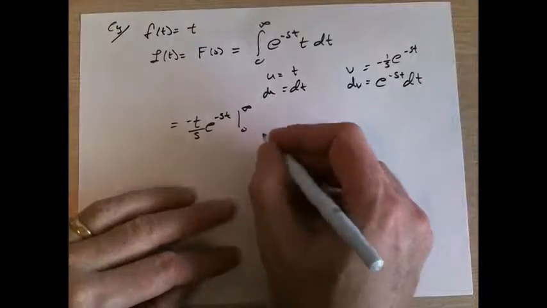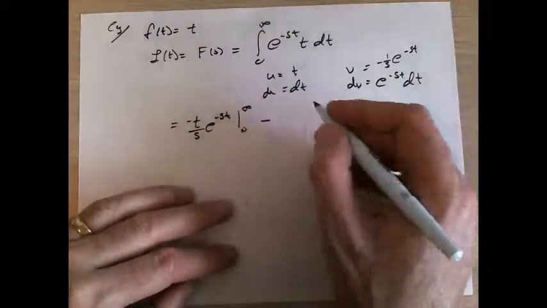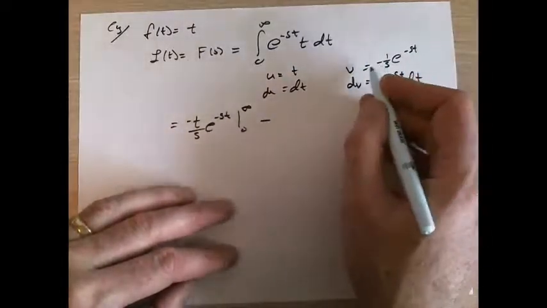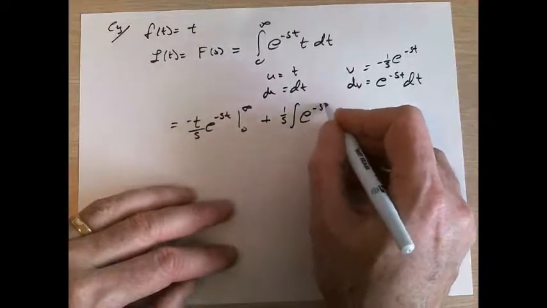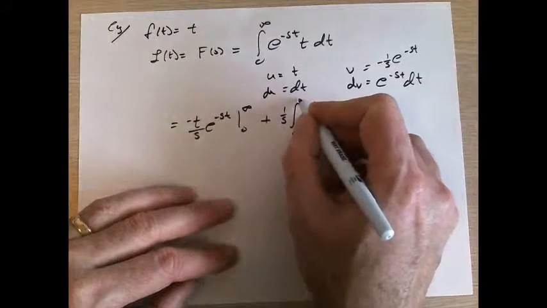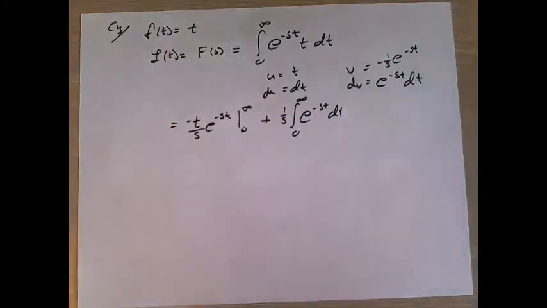I'm reminding myself of that. Minus the integral of v du, so the minus becomes a plus. There's a 1 over s times the integral of e to the minus st dt from 0 to infinity.